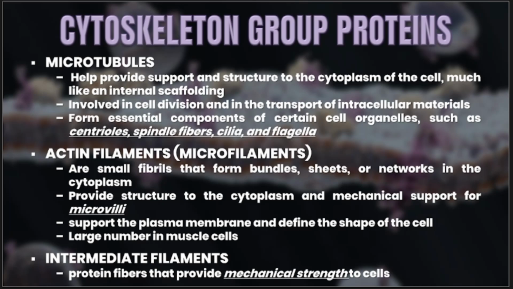And lastly, intermediate filaments are rope-like filaments of an intermediate size between microtubules and microfilaments. What are the usual functions of intermediate filaments? They provide mechanical support or mechanical strength to cells. Also, we have them for cell junctions.